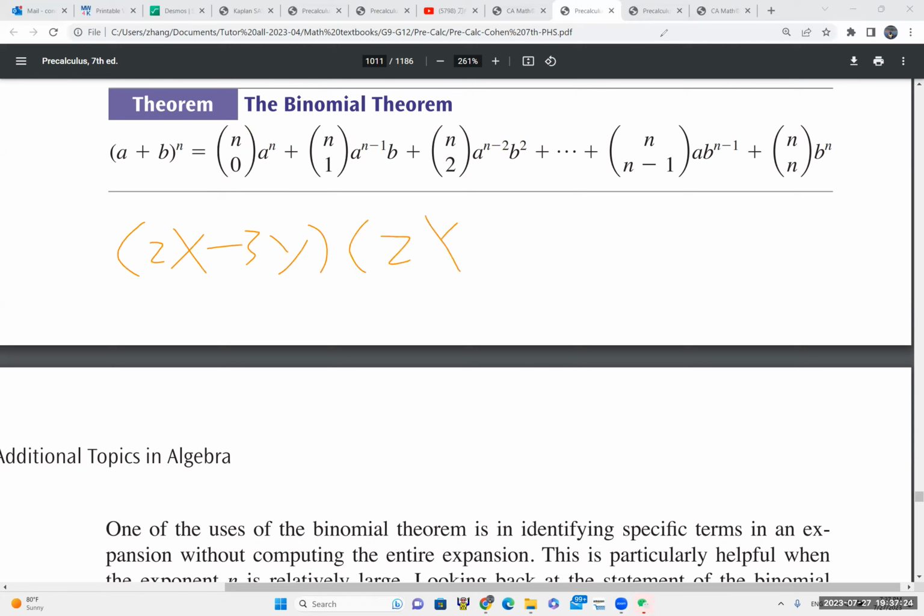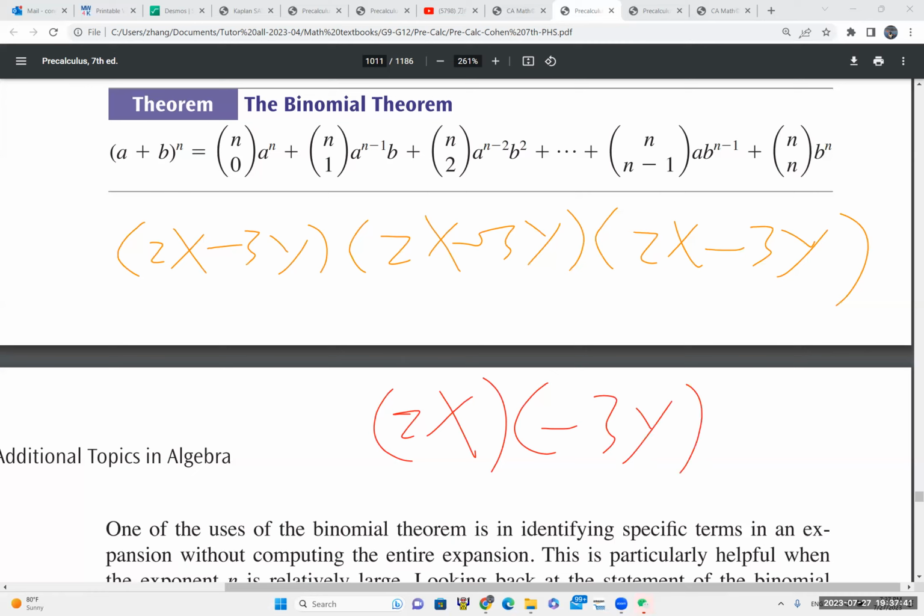For each term, you have, for example, 2x, one of 2x, then two of negative 3y. Then you either choose 2x, and for the others you have to choose negative 3y, negative 3y.